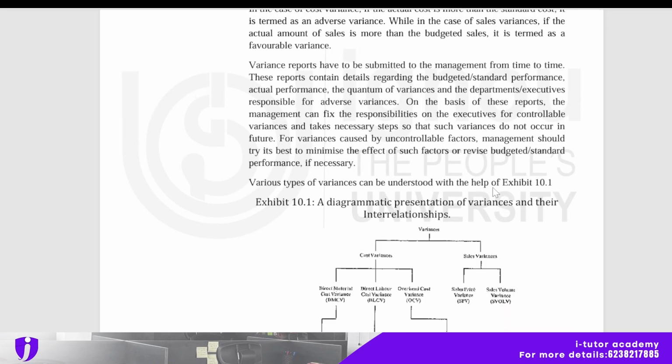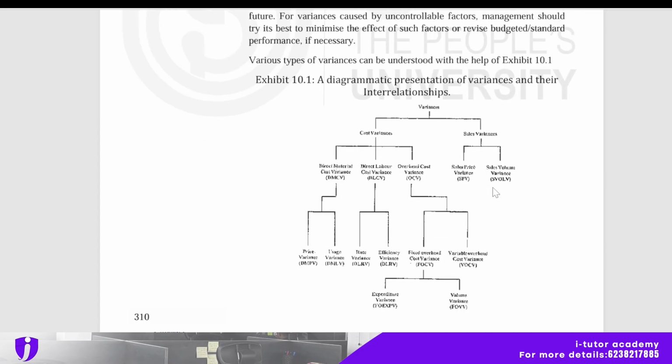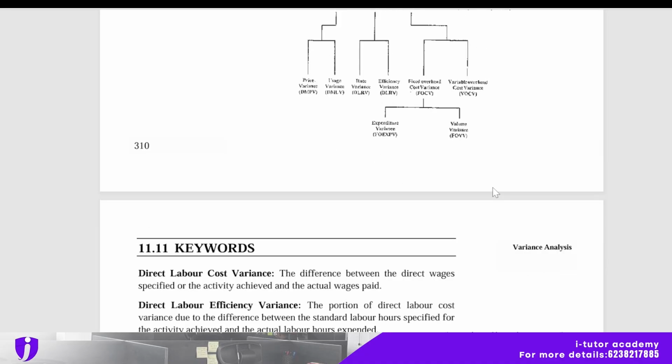These reports contain details regarding the budgeted standard performance, actual performance, the quantum of variance, and the department or executive responsible for adverse variances. And here is Exhibit 10.1, a diagrammatic representation of variances and their interrelationship. So you just go through this diagram, it will be more clear.